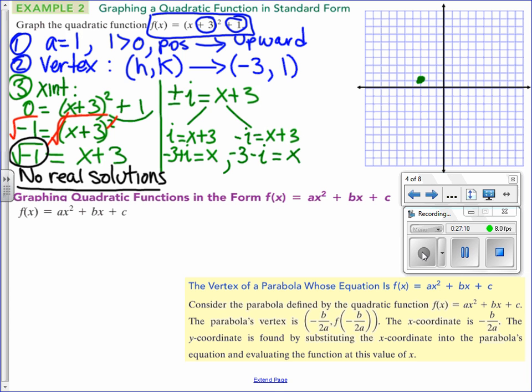Now, what can you guys tell me about these two numbers? Negative 3 plus i and negative 3 minus i. Not inverses. Conjugates, yes, complex conjugates.